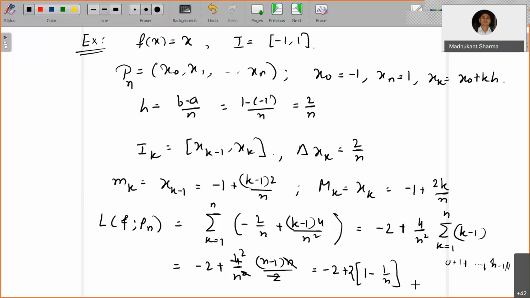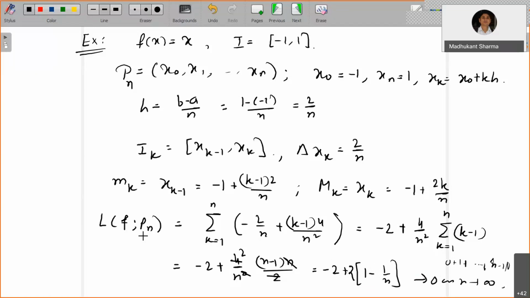Now this tends to 0 as n tends to infinity, because this is a constant sequence minus 2, so this tends to minus 2. And now 1 minus 1 by n will tend to 1, so minus 2 plus 2 will tend to 0.